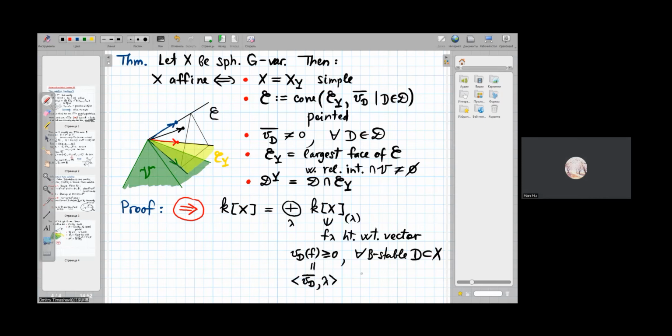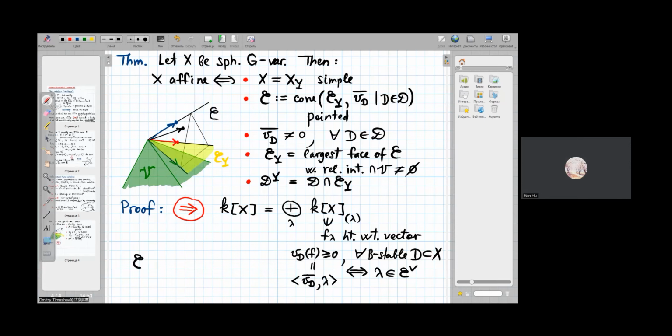And this condition exactly means that λ sits in the cone dual to the cone spanned by all these vectors.